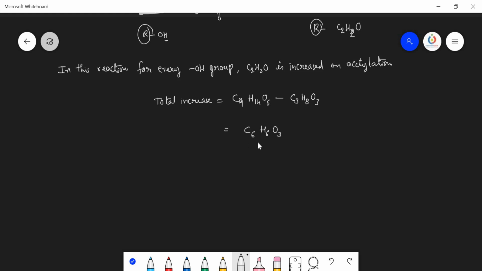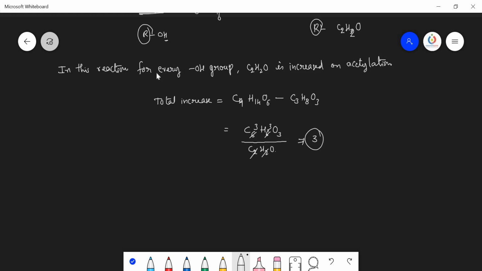Okay, so this you divide by C2H2O. It goes almost 3 times here, it also goes 3 times, it also goes 3 times. So 3 times means total increase is this much.